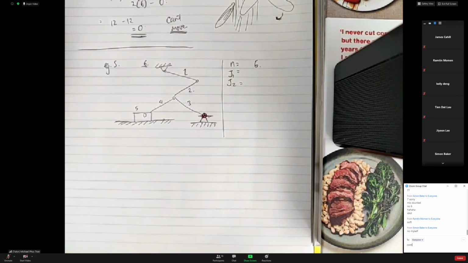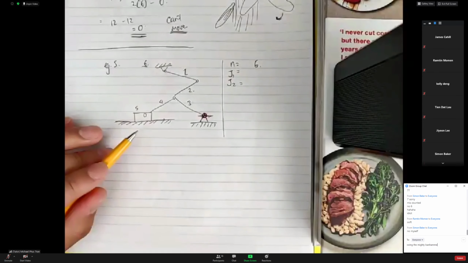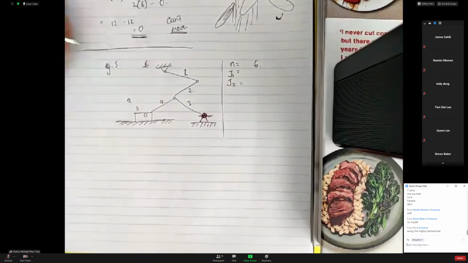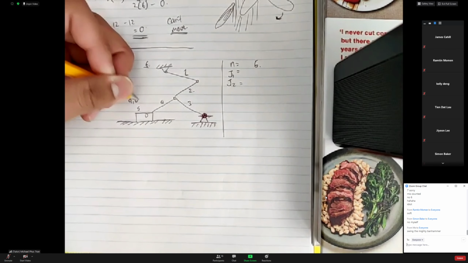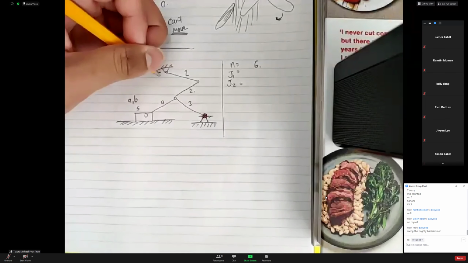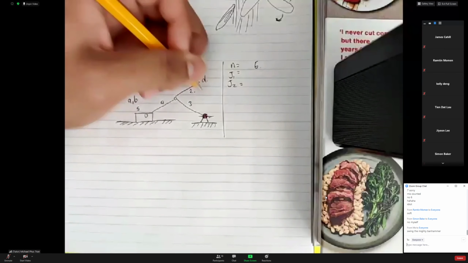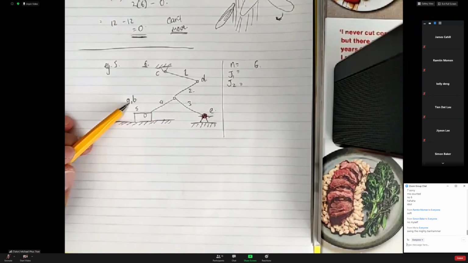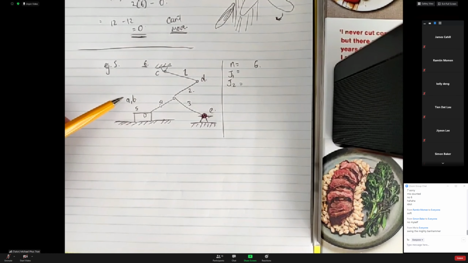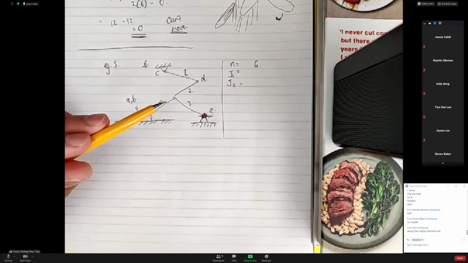So the obvious ones, your slider, A, right? And then you've got another pin there, B, C, D, E. So they're all simple pins. 1, 2, 3, 4, 5.